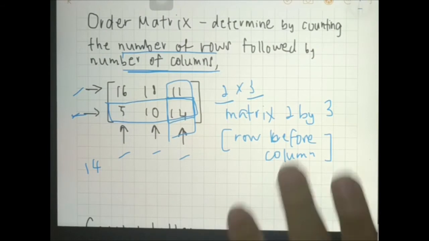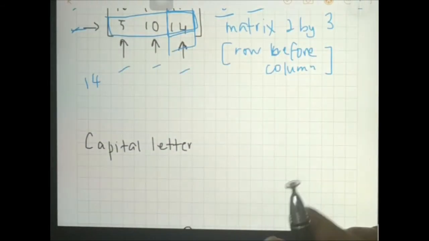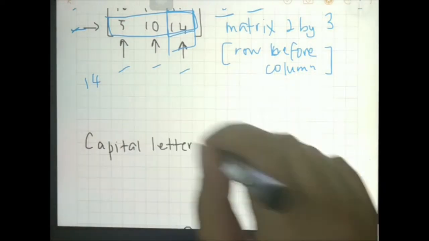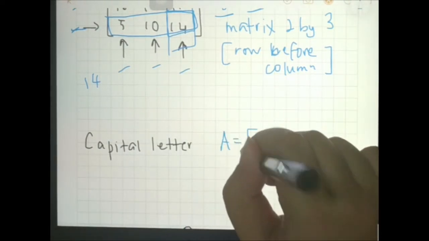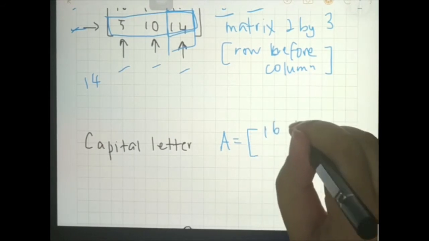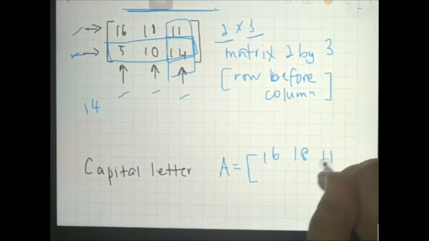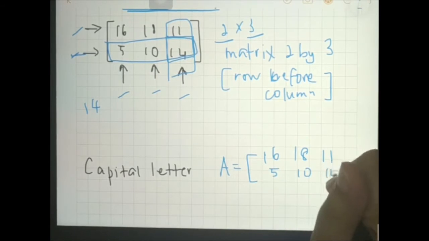Okay, and a capital letter is used to denote a matrix. So, let's say I want to use A. A denotes the matrix 16, 18, 11, 5, 10, 14.